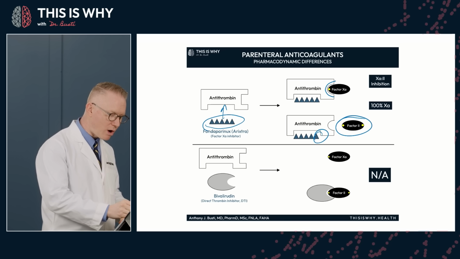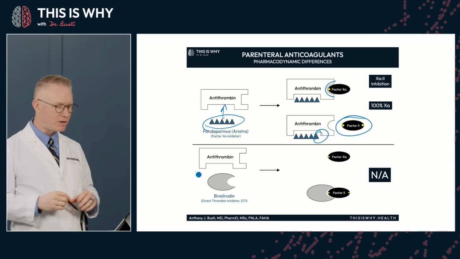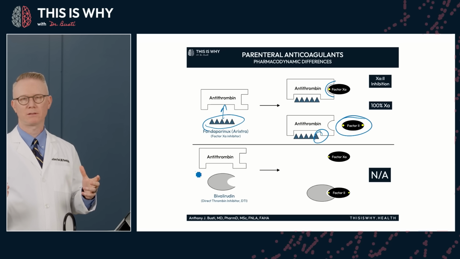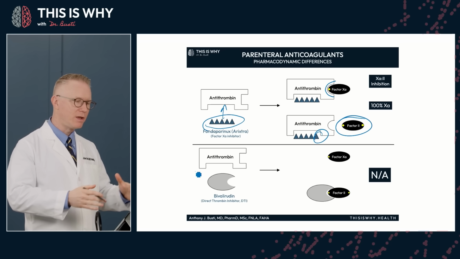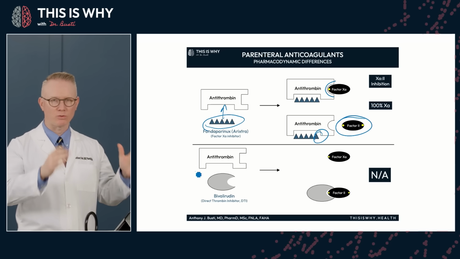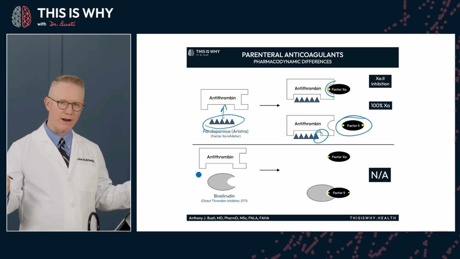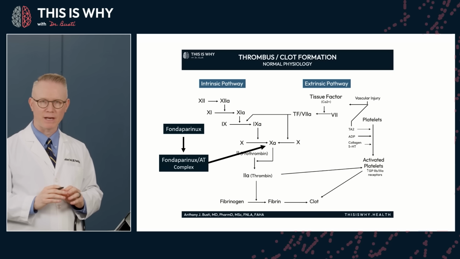They do not require antithrombin, right? Their size can wrap around even more so and grab it and hold on to it. So it is a direct thrombin inhibitor, just like Fondaparinux is a direct 10A inhibitor, okay? But it doesn't require antithrombin. And that is a unique difference between those classes of medications.